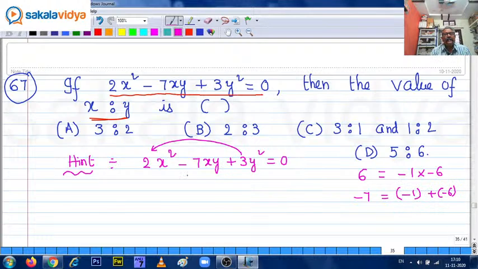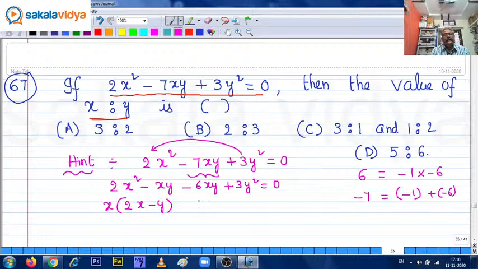So the middle term needs to be split as minus xy and minus 6xy. So we can write 2x square minus xy minus 6xy plus 3y square equals to 0. From these two we can take x common: x times 2x minus y. Here we can take minus 3y common, because 3 is there, y square is there.